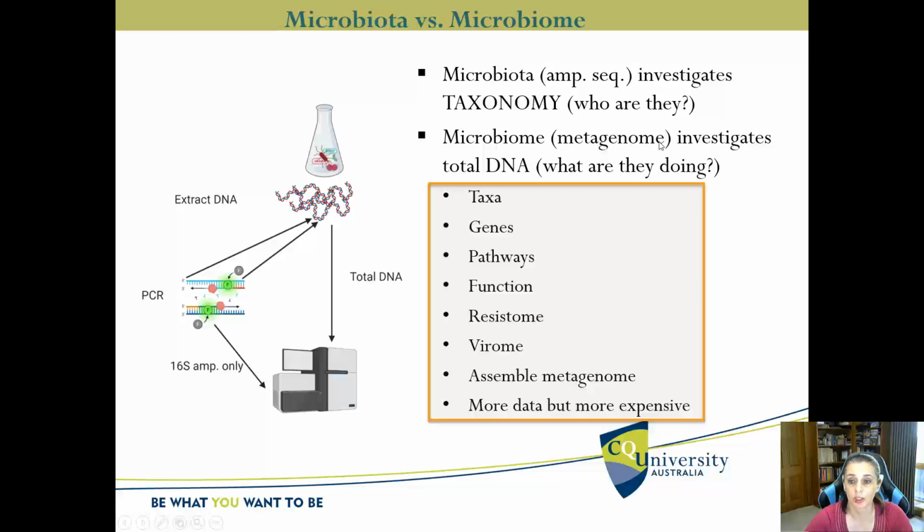Meta means many, genome means genomes. So that means total DNA sequencing. Metagenomes means all genomes from a community, sequencing of total DNA. And microbiome, again, is biome. It's the collection of all these genes, pathways, and functions. Microbiome refers to functional analysis, and amplicon sequencing refers to taxonomy.